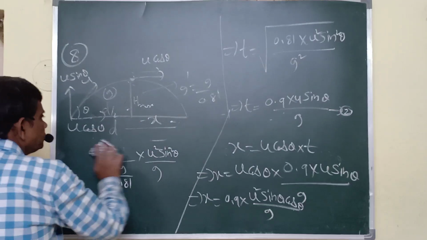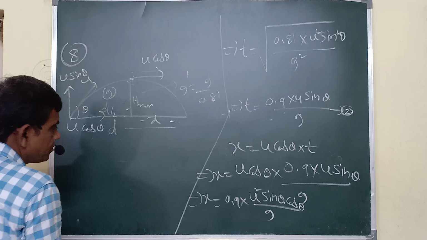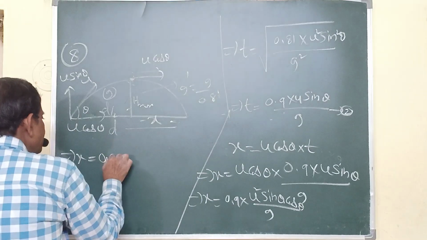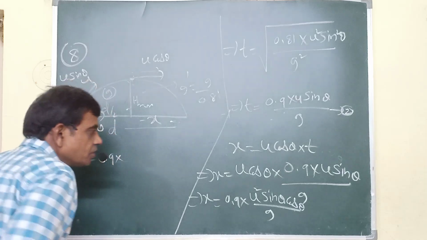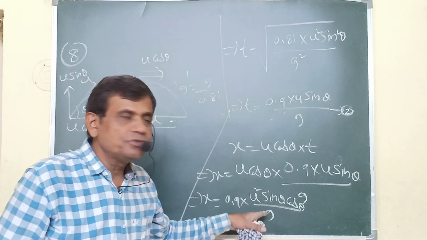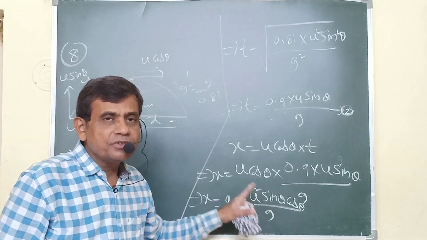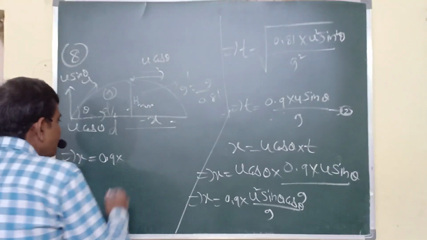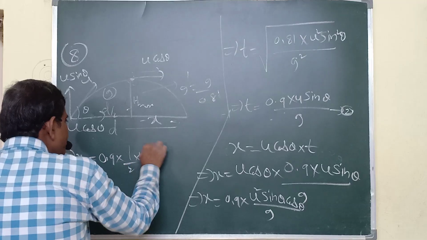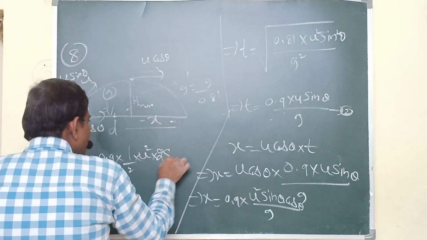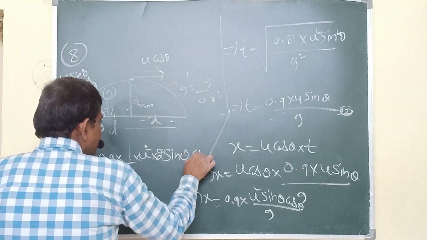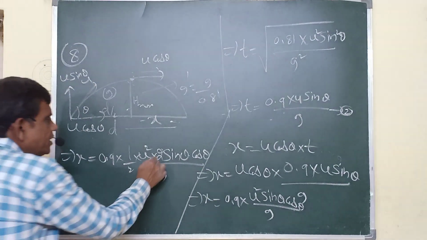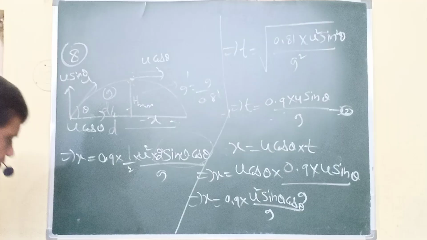Now this implies x equals 0.9 into, if it is 2 sin theta cos theta, we can write that as sin 2 theta. u square sin theta by g, that belongs to range. So for that purpose I am taking 1 by 2 into u square into 2 sin theta cos theta by g. 2 cancel, same step getting. 2 sin theta cos theta I am writing as sin 2 theta.